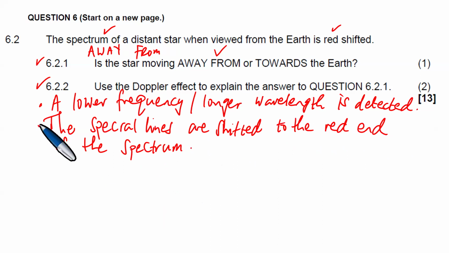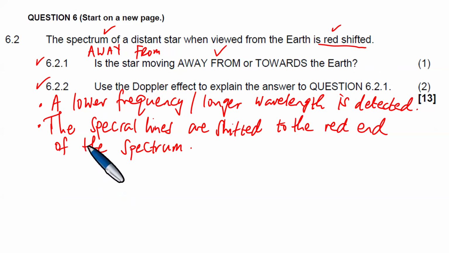A lower frequency or longer wavelength is detected. The fact that it is redshifted means that there's a lower frequency or a longer wavelength, because red light has lower frequency or longer wavelength. So redshifted means you have red light, and red light means a lower frequency or longer wavelength is detected. The spectral lines are shifted to the red end of the spectrum.